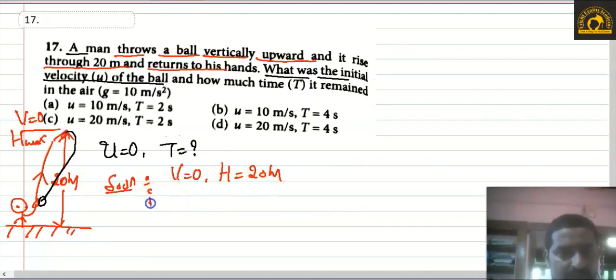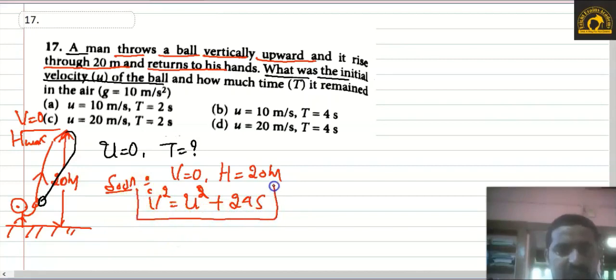So for the initial velocity, we know the formula v square is equal to u square plus 2as. This is the general formula. So v, that is 0 square, is equal to u square.